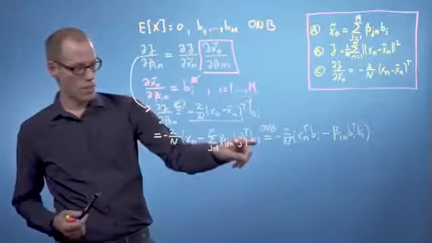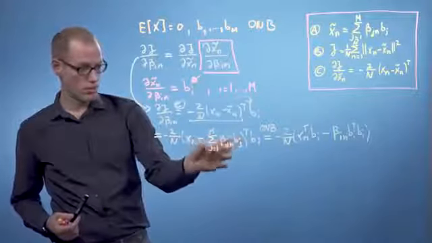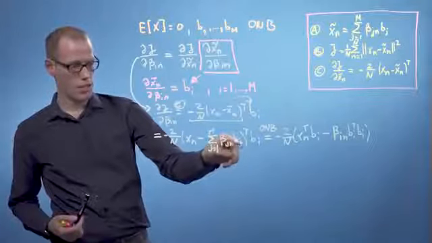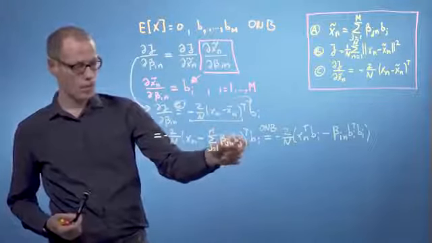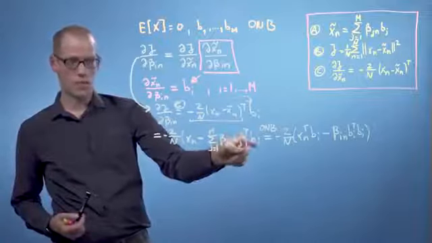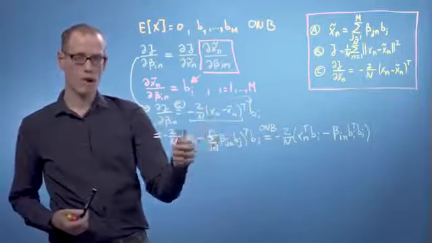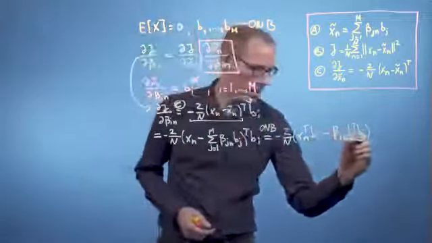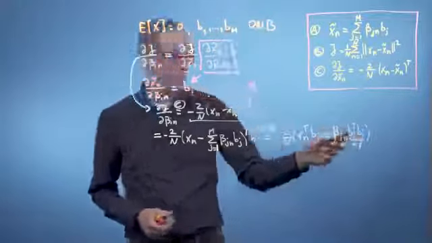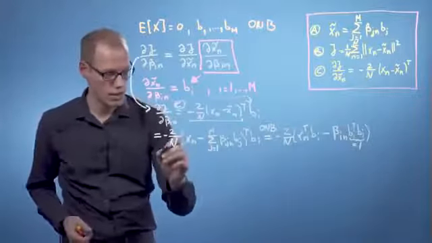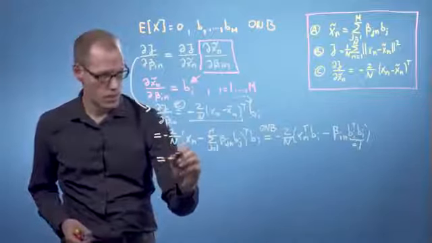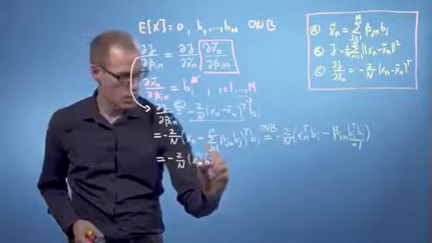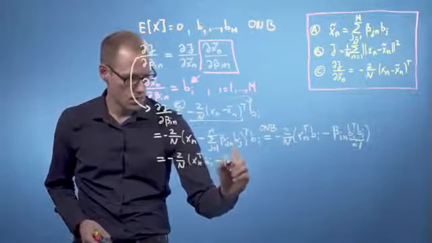If we multiply bi onto both components here, we end up with the sum of beta jn times bj transpose times bi. And since bj transpose times bi is 1 if and only if i equals j and otherwise 0, we end up with only one term, which will be 1. So we end up with minus 2 over n times xn transpose bi minus beta in.